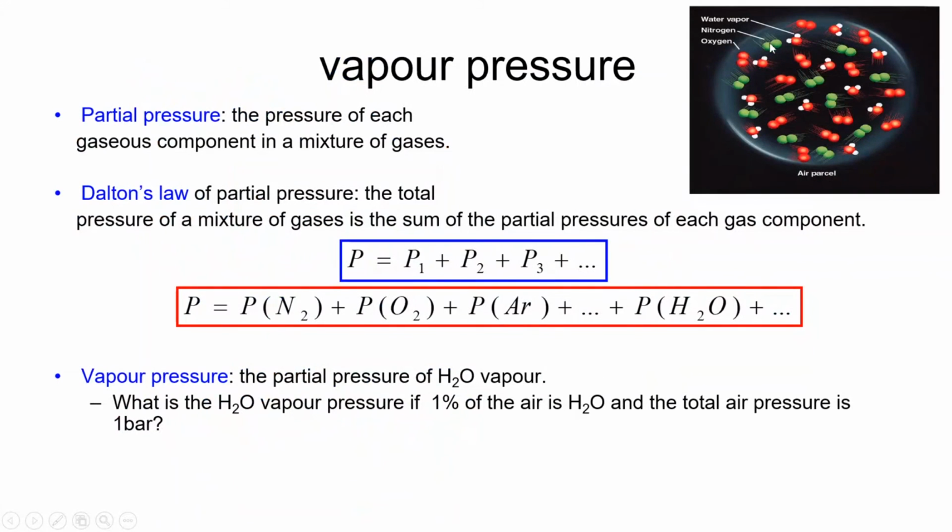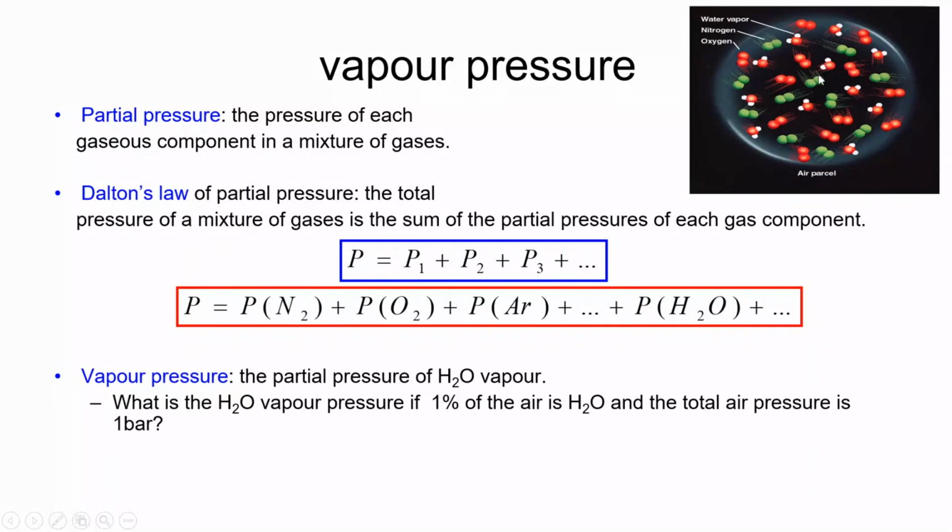This is an air pocket, and air has 78% nitrogen, 21% oxygen, and other gases constitute 1%, such as argon, CO2, etc. This air pocket has water vapor, shown with white things. Dry air is shown as red and green.